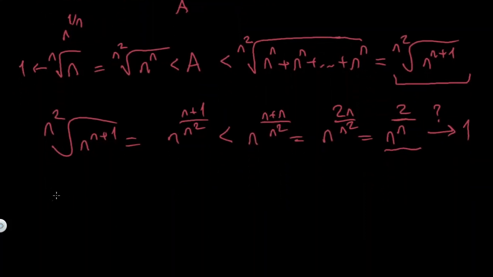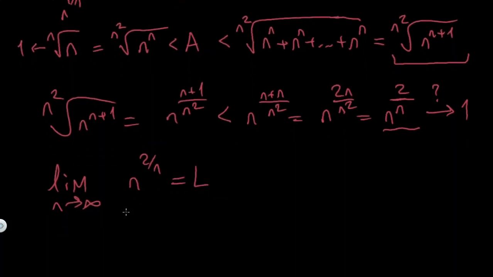So let's show it. I'm wondering what is the limit as n goes to infinity of n to the 2 over n. I can say this is L, and I can just take the logarithm of both sides. So log L would be the log of this thing, and since logarithm is continuous, I can exchange limits and logarithms.